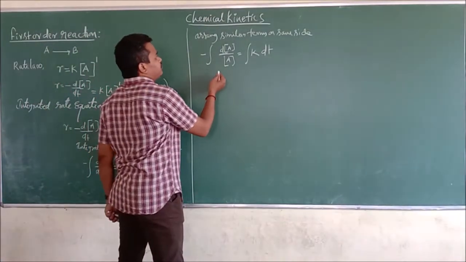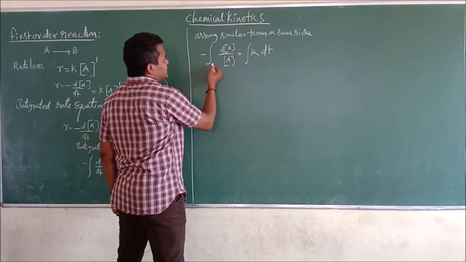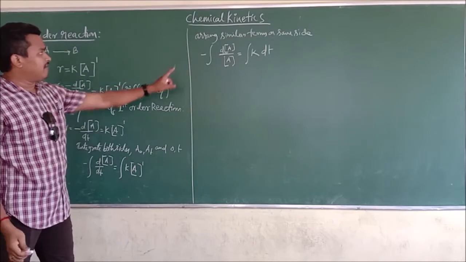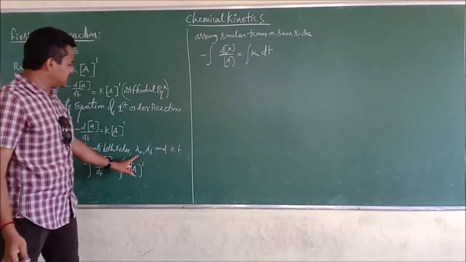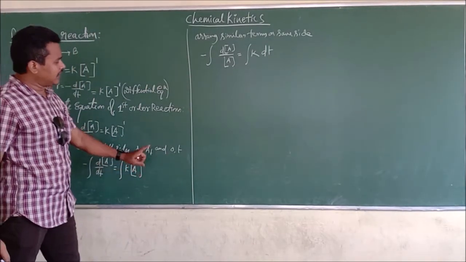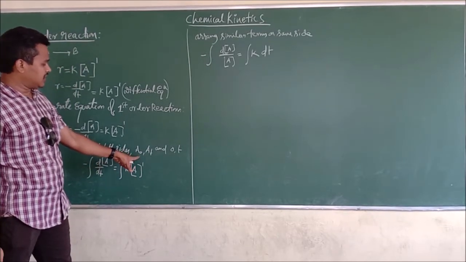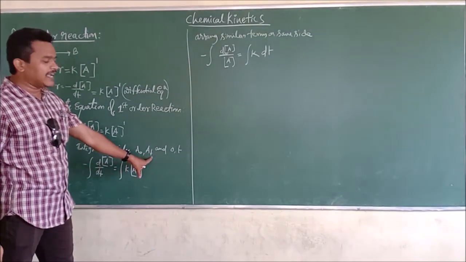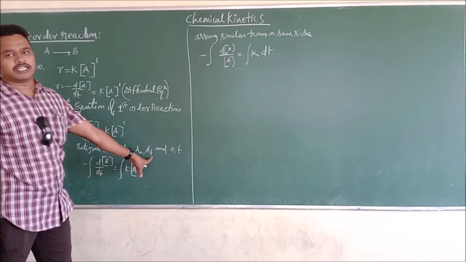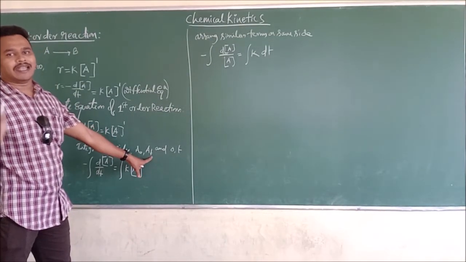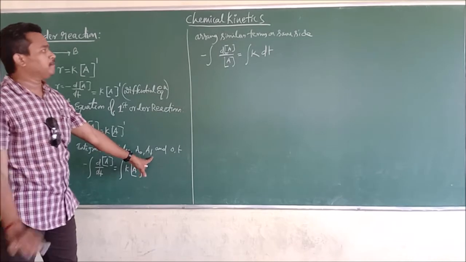Here, when you are doing integration, there are the limits. What are the limits? For a concentration term, the limits are A0 to At. A0 is the initial concentration of the reactant. At is the concentration of the reactant at a particular time t.